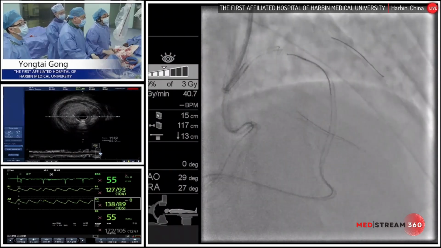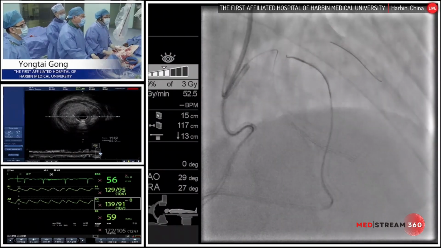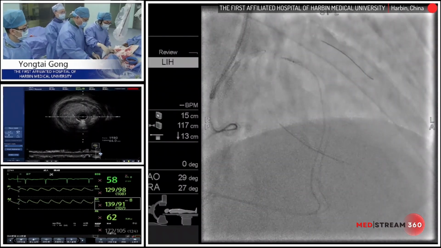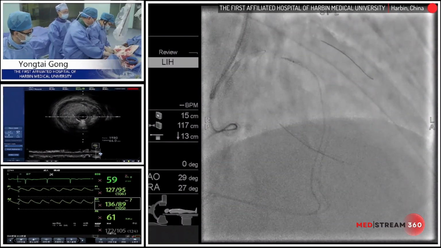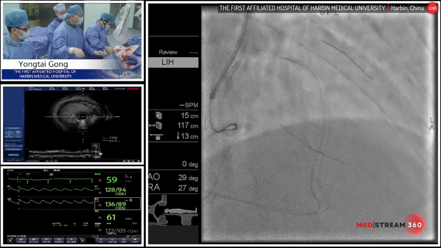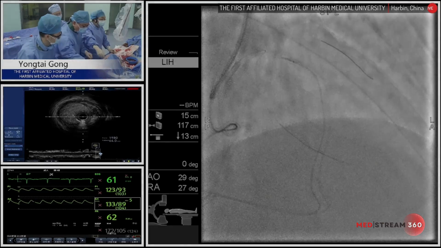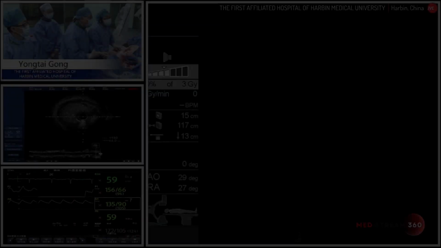a retrograde approach. We can see Professor Gong has managed to pass the microcatheter through the retrograde approach. And I think that this collateral flow from the proximal part is a relatively better choice compared to the distal one.